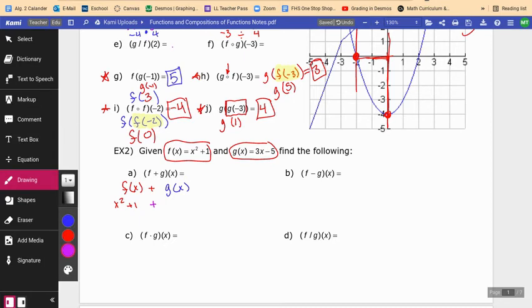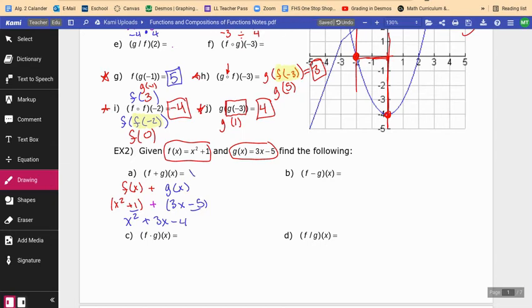And then I'm going to add g of x, which is represented by 3x minus 5. Okay, so again, I like to put parentheses around this stuff. And then I just combine like terms, if there are any. So I have x squared plus 3x. And then my two like terms are positive 1 and negative 5. So that gives me negative 4. So my final answer is x squared plus 3x minus 4. Remember, we're just simplifying here.